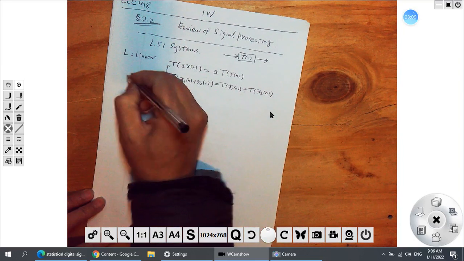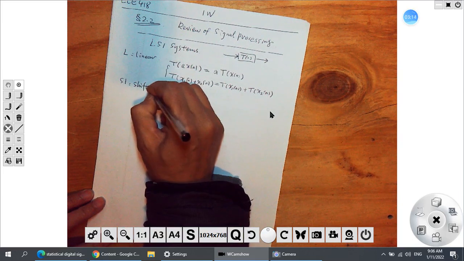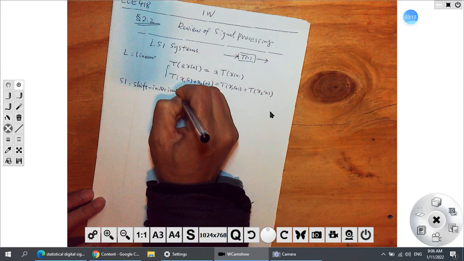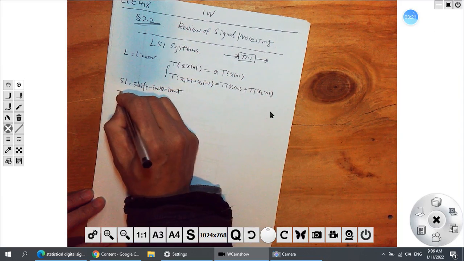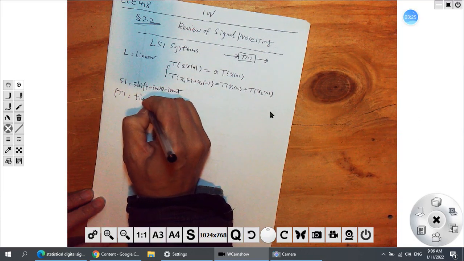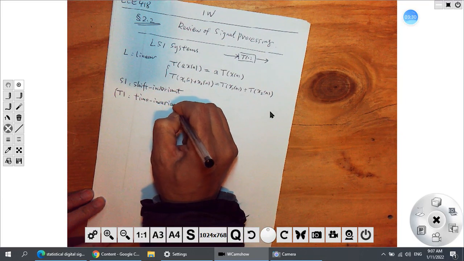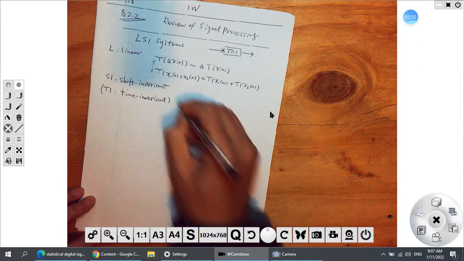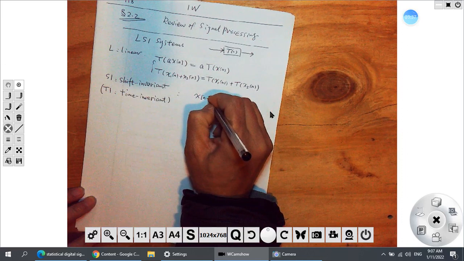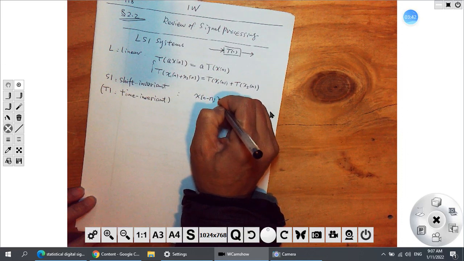And SI means shift invariant. Sometimes people call it TI, time invariant, the same meaning. It means you have a signal x[n] shifted by n_d, some kind of time delay.